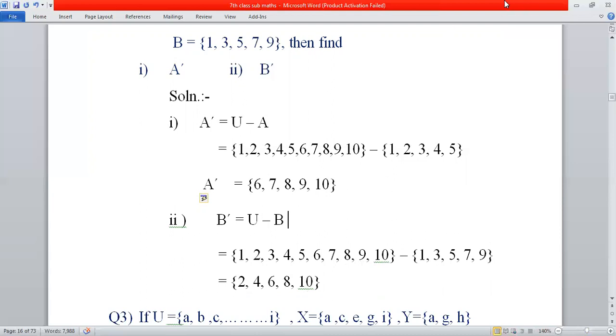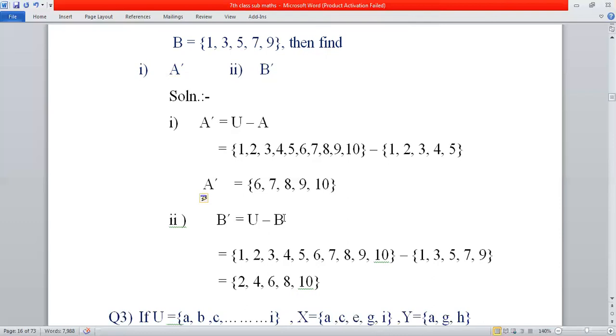So in this way, you have to find the complement of the set B. So this is the complement of B. Remember one thing, if you find the complement of any set, in the complement set no element of the given set will come. Look, the complement of B we are going to find.